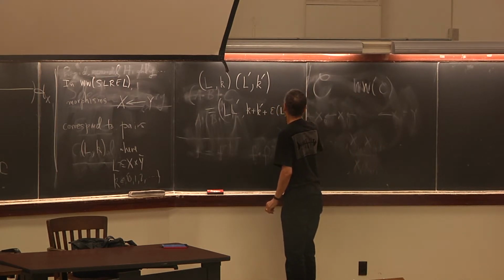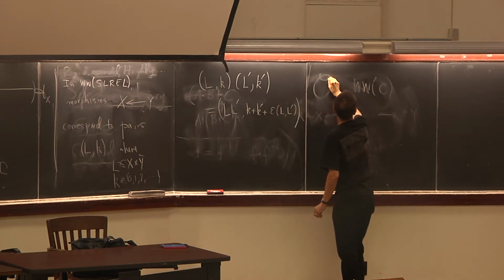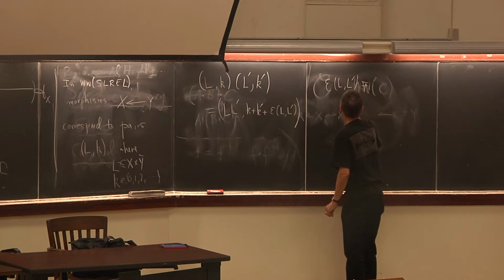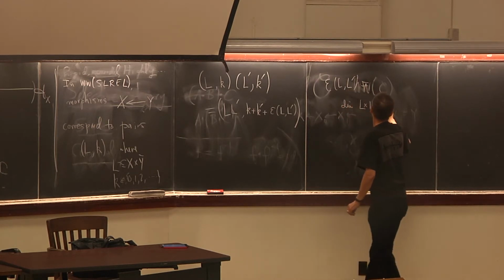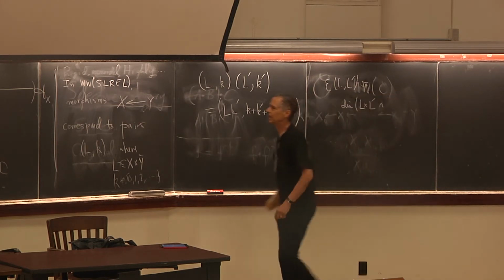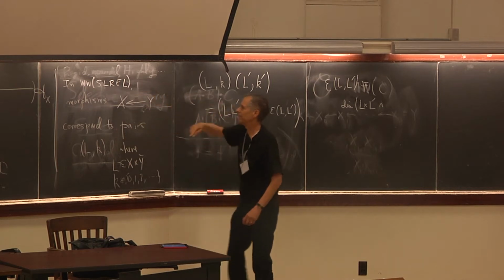which is the excess of the composition of L and L', where epsilon of L and L' is equal to the dimension of L cross L' intersected with the kernel of the projection.